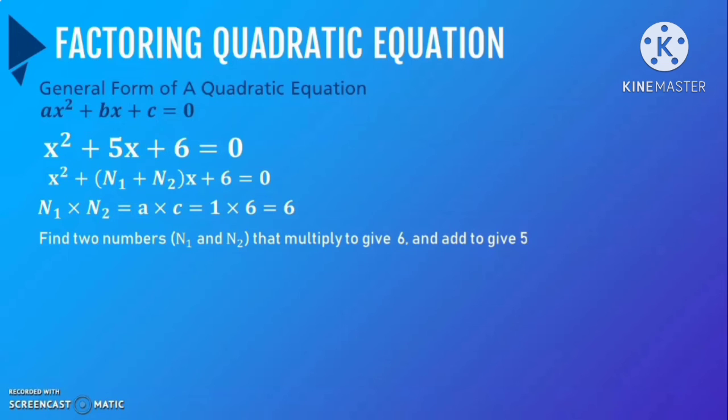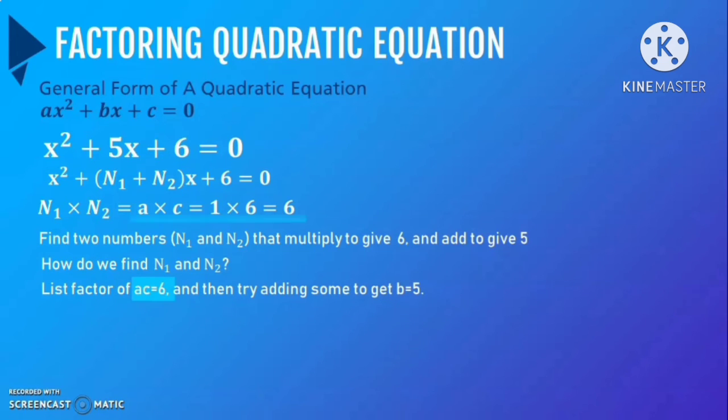Next, find two numbers n1 and n2 that multiply to give 6 and add to give 5. How do we find n1 and n2? To find the two numbers, list the factors of a times c, that equals 6, and then try adding them to get the sum b, which equals 5.